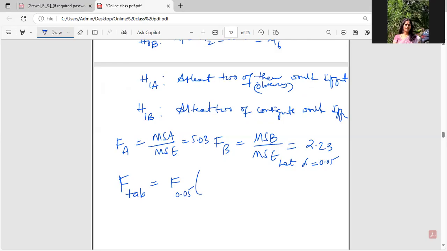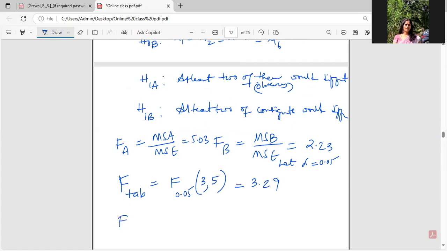So F at 3 comma 5 degrees of freedom, this value is 3.29. That's what I have.